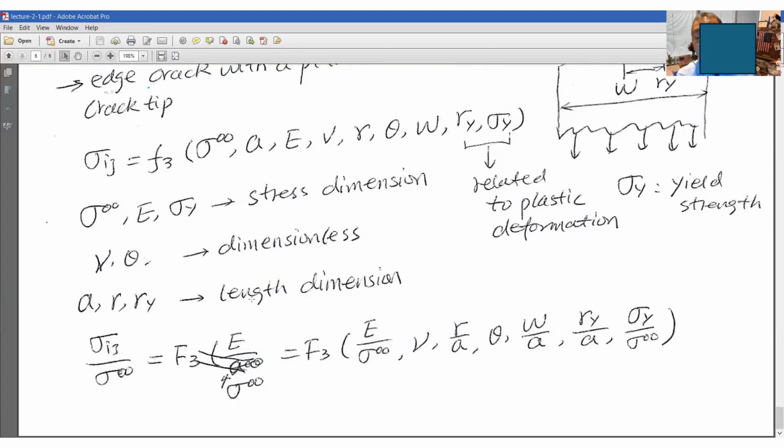So that's all for today's lecture. I want to recap what we have learned. We have learned two fracture mechanics approaches. One is the energy approach, one is the stress intensity factor approach. And you should know that for linear elastic materials, these two approaches are equivalent. They are interchangeable, right?